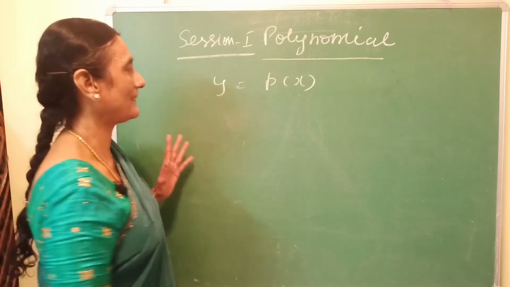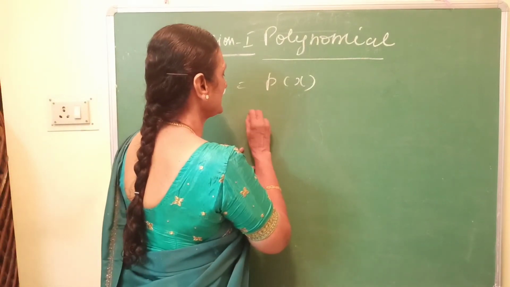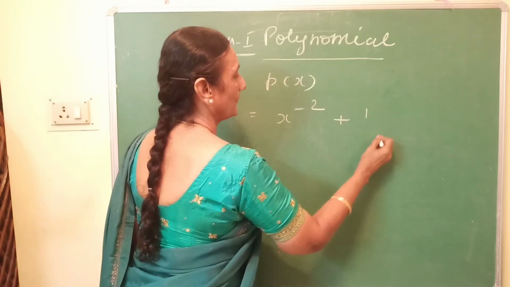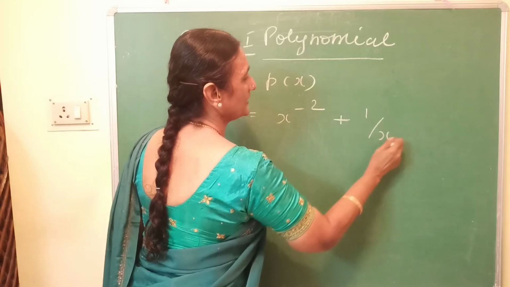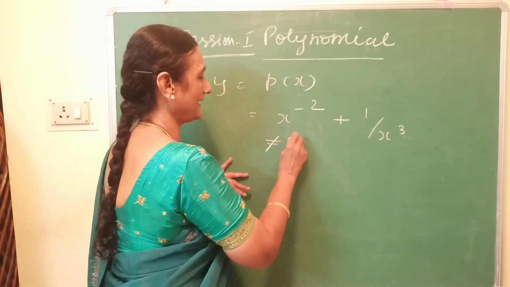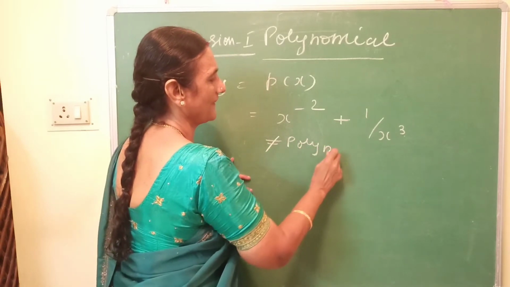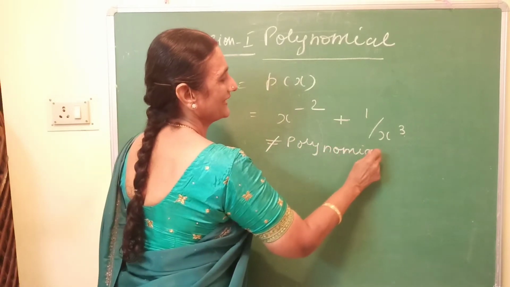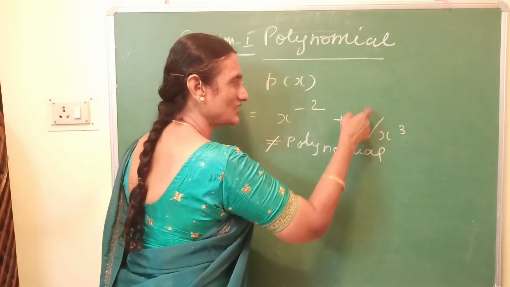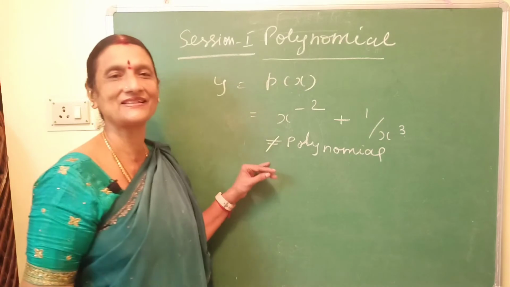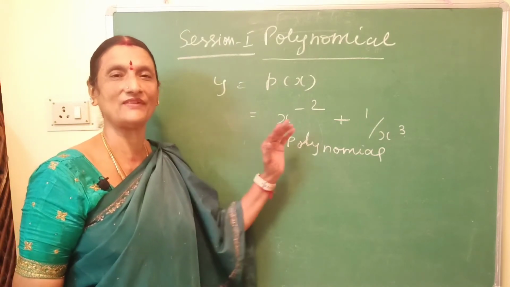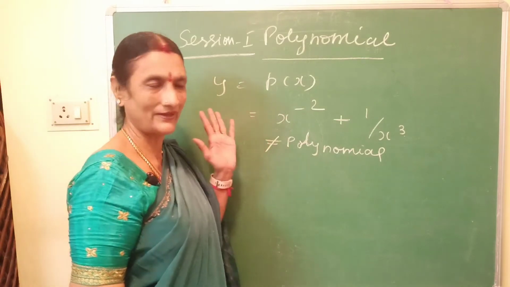For example, if you have an expression like 1 by x cubed, this we cannot call a polynomial. Why? It has a negative power here, and this also comes to the numerator, means x will have a negative power. Those we cannot consider as a polynomial.